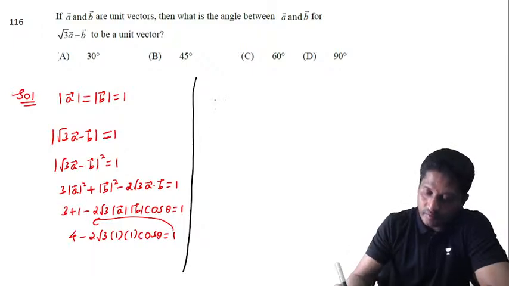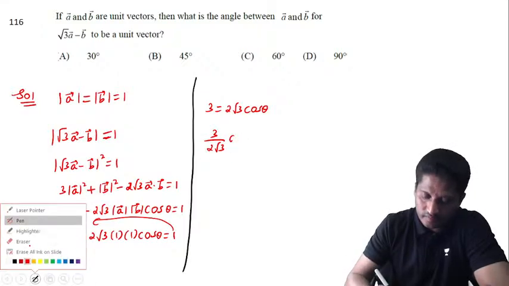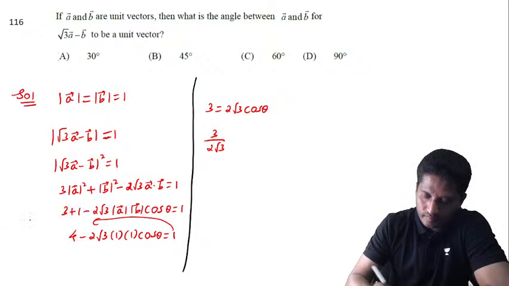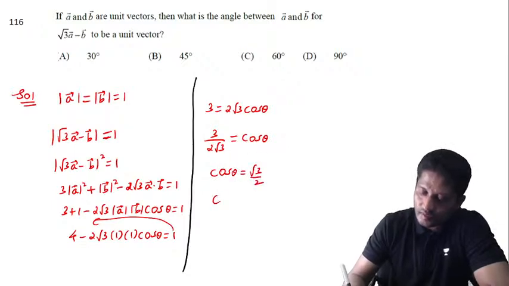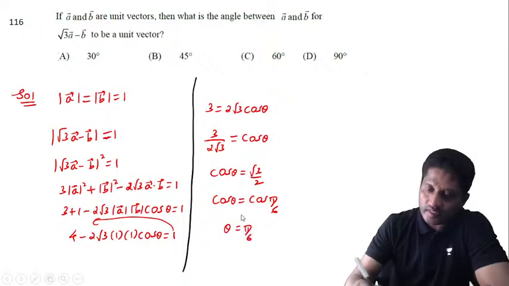So you get 3 is equal to 2 root 3 into cos theta. 3 divided by 2 root 3 is cos theta. 3 by root 3 will be root 3, so cos theta is root 3 by 2. I can write cos theta is equal to cos of pi by 6 because cos 30 is root 3 by 2. Theta will be equal to pi by 6, which is 30 degrees.